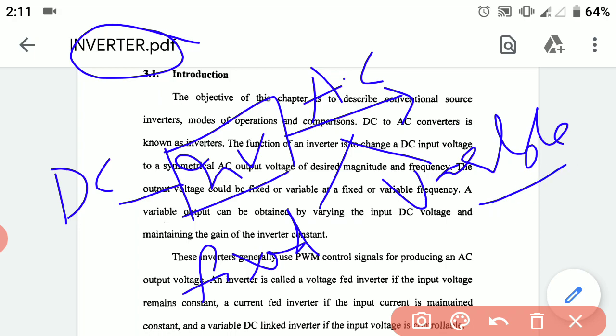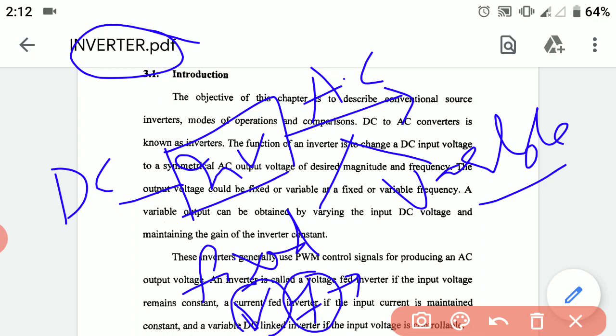That is, the output of inverter can be fixed or variable. In fixed AC, the voltage and frequency both are fixed. That is, constant voltage and constant frequency output from the inverter. But in variable AC, there are different types.